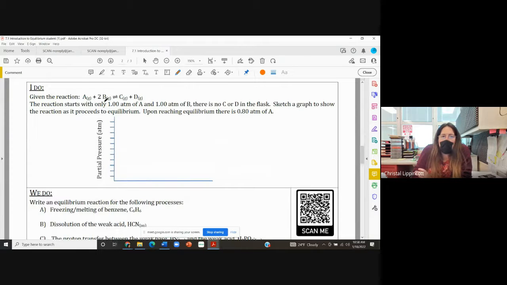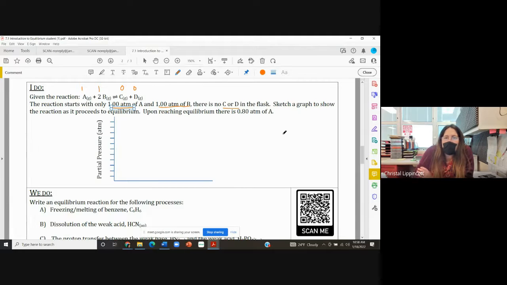All right. We're starting with our reaction with 1 atm of A, 1 atm of B. There is no C and D. That's our products in the flask. So they want us to show how the reaction is going to proceed upon reaching equilibrium where there's 0.8 atm of A. So we have one of these, we have one of these, 0 and 0.